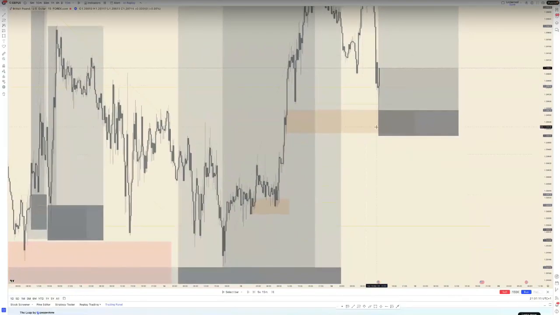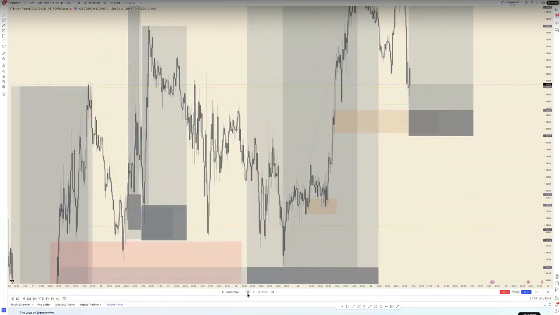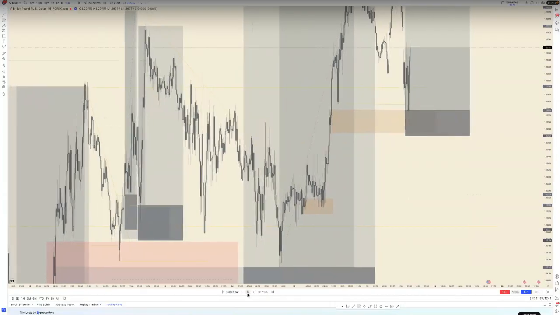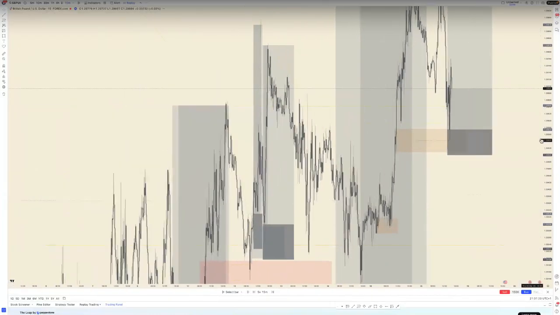Is it going to hold? I can do all this and still not hold. It looks like it's holding now.